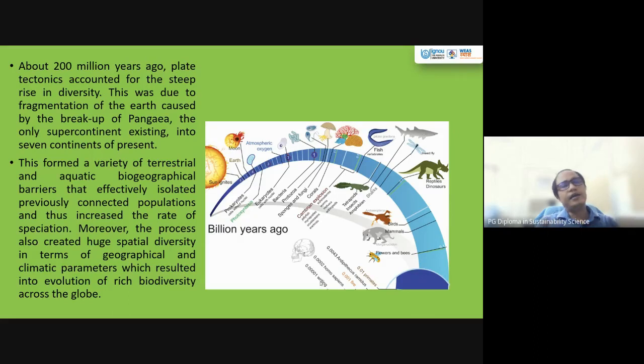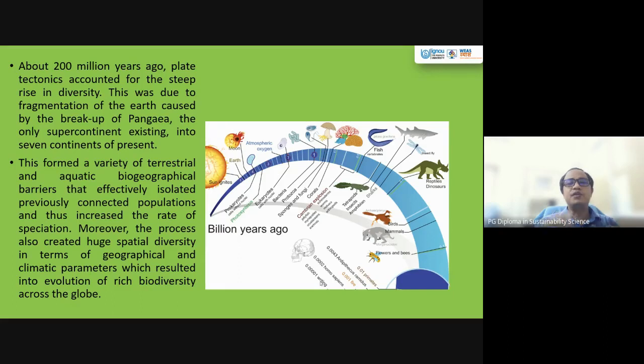Then about 200 million years ago, as I told you, plate tectonics happened. When plate tectonics happened, the single Pangea broke up into different continents, and because of that, different geographical landforms came about, and diversity in landform also happened.